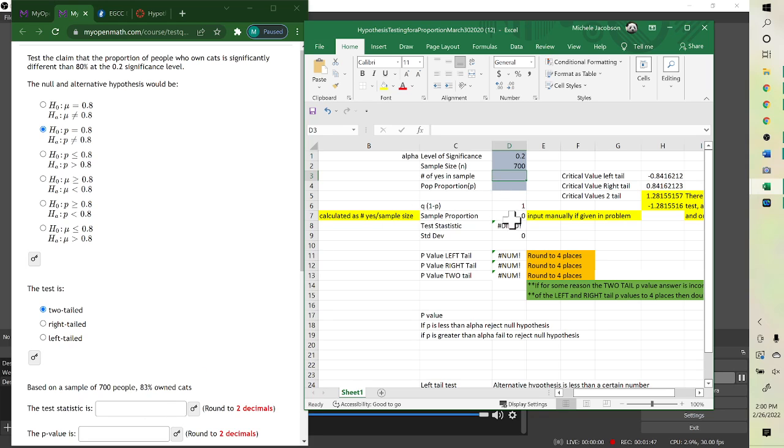So that's going to go right here, 0.83. And the population proportion comes from the hypothesis, and it was 0.8.